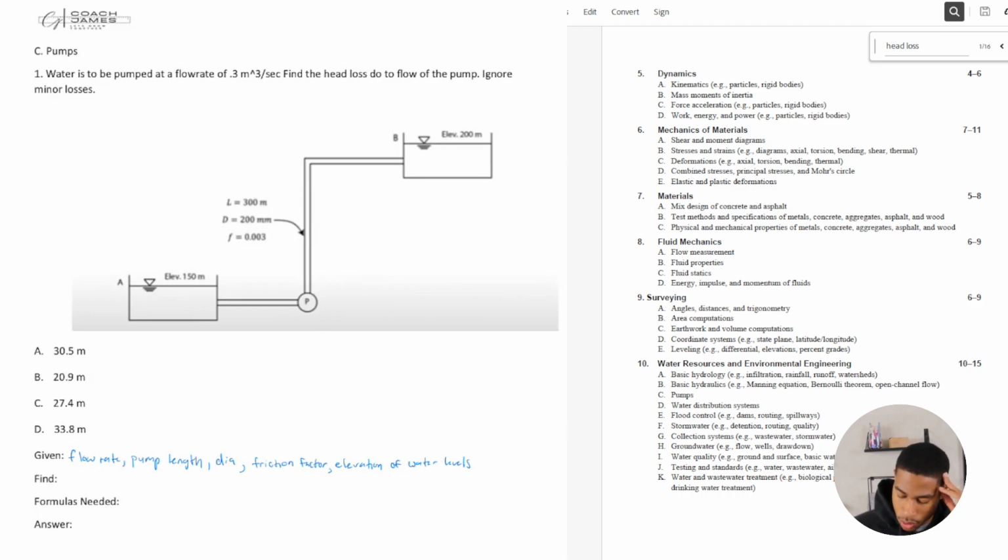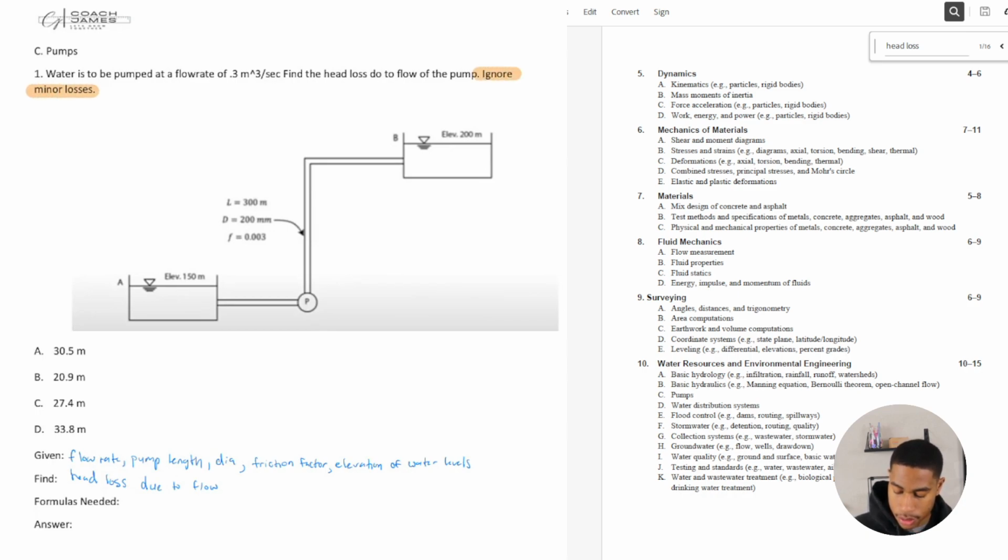So what are we trying to find? Well, it says find the head loss due to flow. And we're not going to take into account the minor losses because it says to ignore the minor losses.